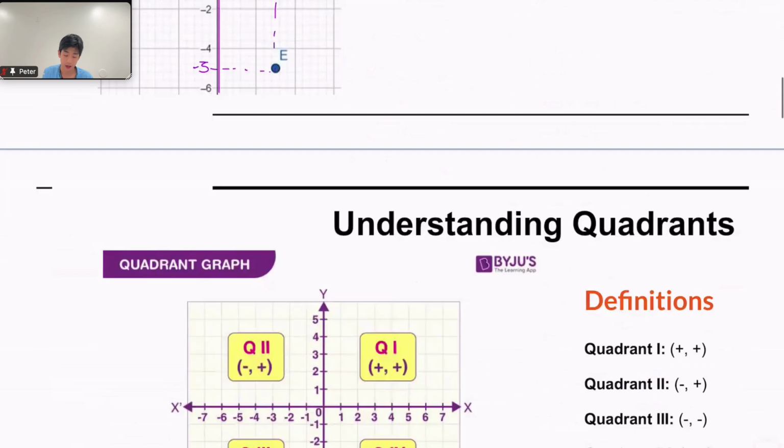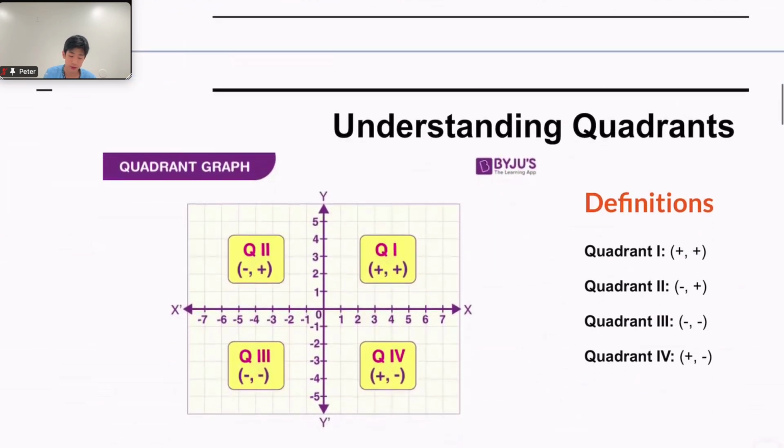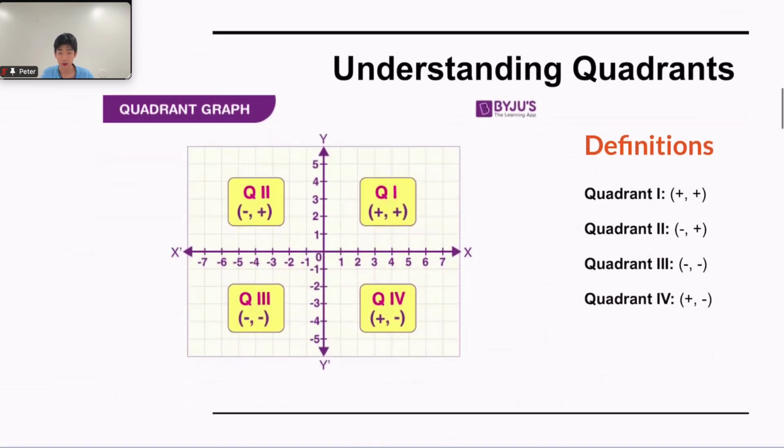Okay, let's take a look at understanding quadrants. The quadrant is basically how we separate or sort a coordinate plane into 4 parts. The first quadrant, quadrant 1, will always be two positives, as in this section here. Quadrant 2 will be negative x-coordinate and positive y-coordinate.